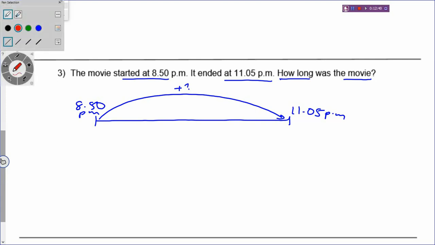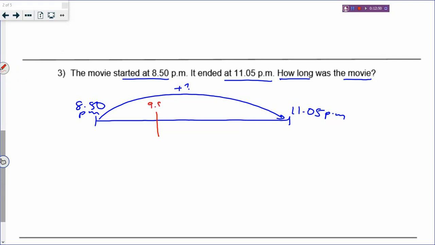Now you can jump. You can immediately jump 1 hour if you want. So you jump 1 hour, that will be 9:50 p.m. And then you jump another 1 hour, so that will be 10:50 p.m. Then you don't want to jump 1 hour, right?